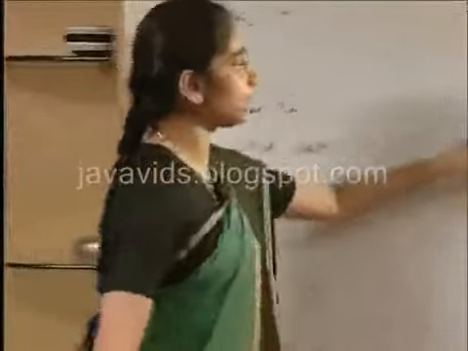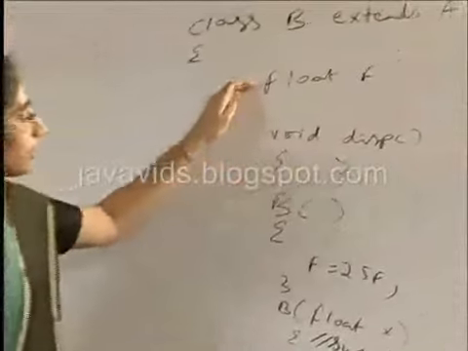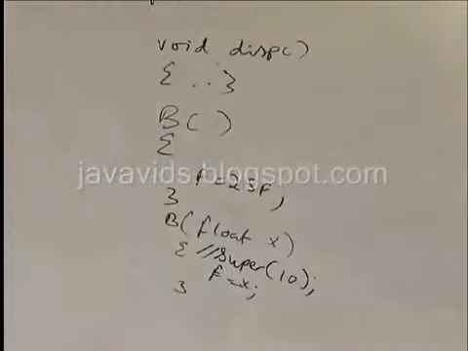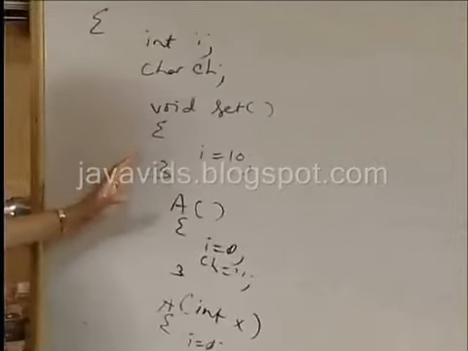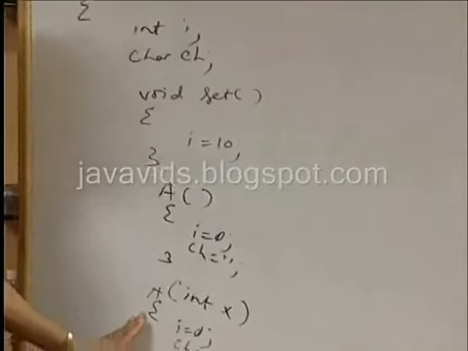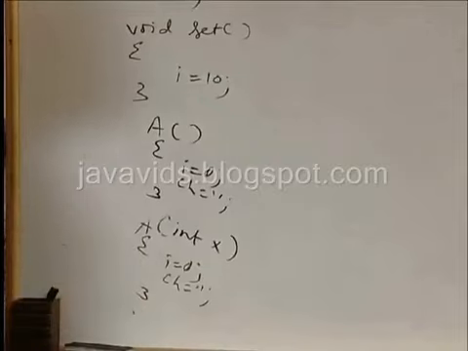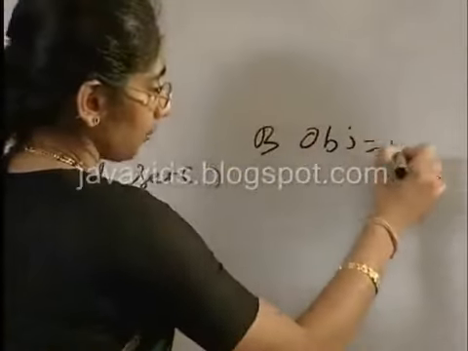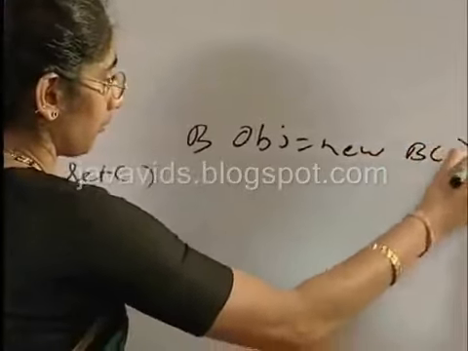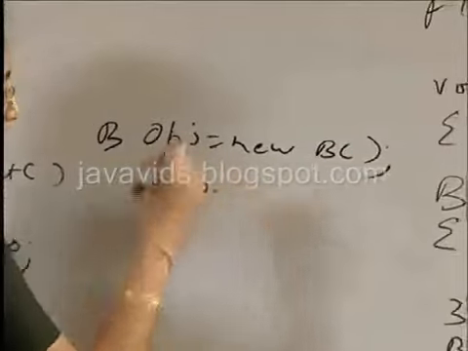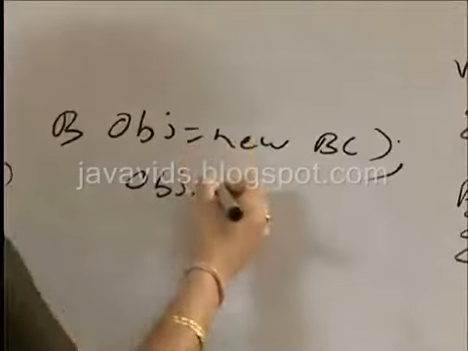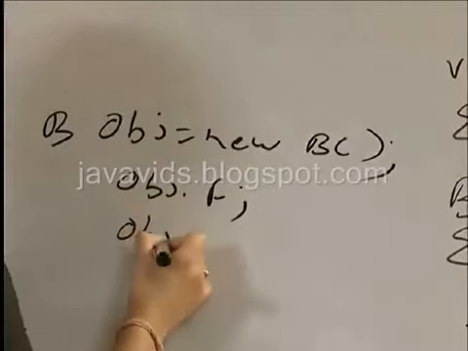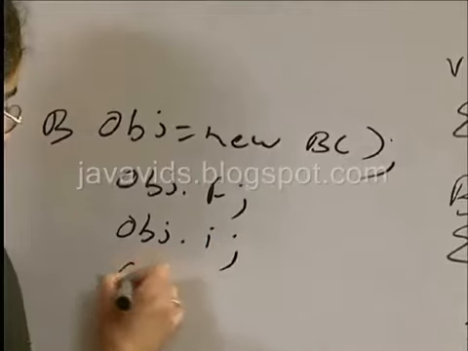So now this particular child class not only has this float f, the disp function and its constructors, but it has also inherited all the variables, methods and constructors from the parent class. So once you create an instance of class B, using the instance of class B, you can access the variable of the child class, the variable of the parent, provided we have the scope.